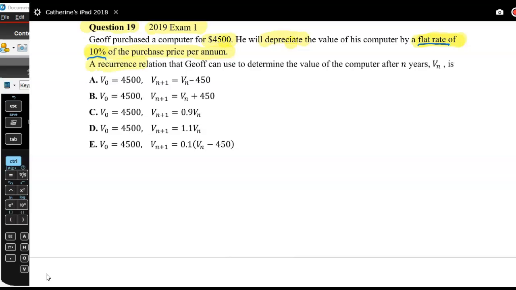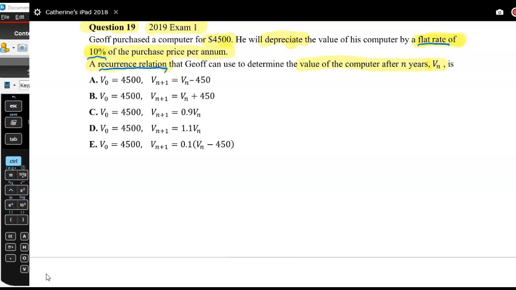A recurrence relation that Jeff can use to determine the value of his computer after n years, Vn, is, and then we've got to choose. So here, you're told you have to use a recurrence relation, not a rule to find the nth term. Please read the questions carefully as to what you have to find.